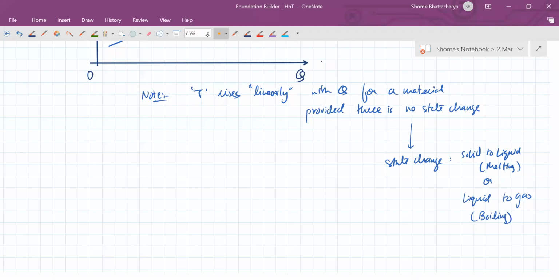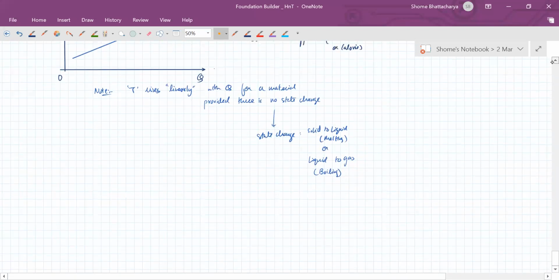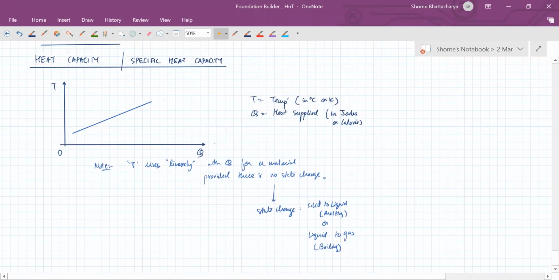So provided there is no state change occurring during the heating, temperature rises linearly with heat supplied for a material provided there is no state change during the process.